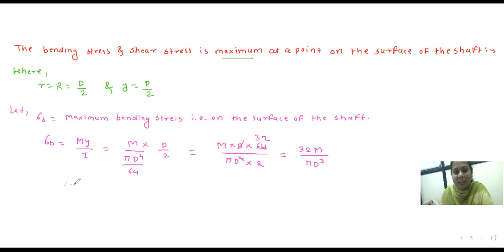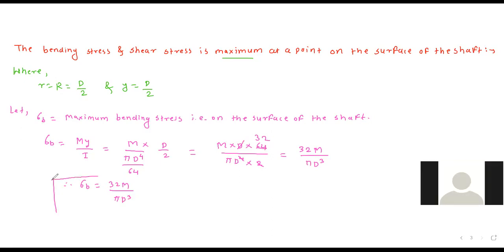Therefore sigma b is equal to 32M divided by pi D cube. So this is for bending stress.